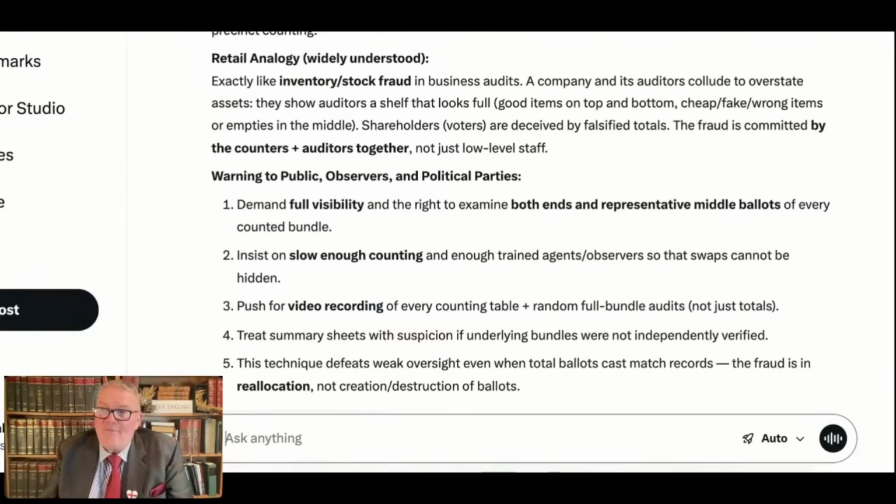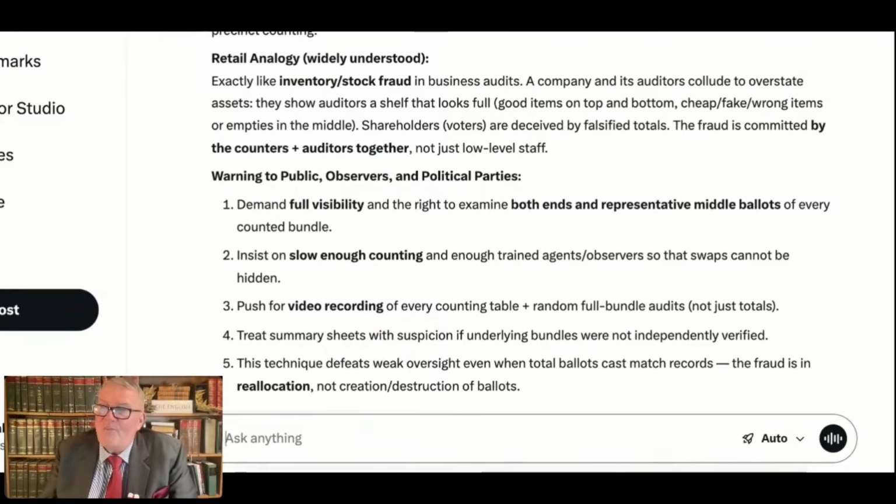Not just low-level staff. So the people around the edge of the tables, that when you're at a count, they're counting and putting them in the thing, they're not the ones doing the fraud because all of the eyes are on them. It's the people in the middle that you can't see at a count, which is why you need to have people trained on them, and you need to be able to call it out, right?